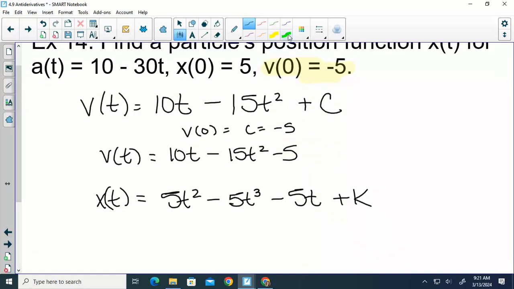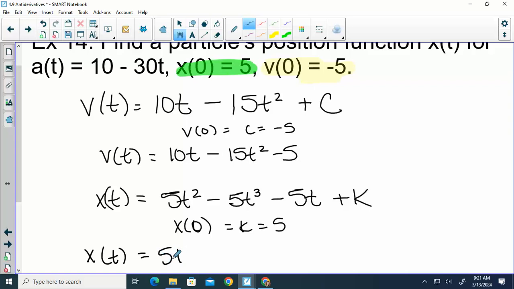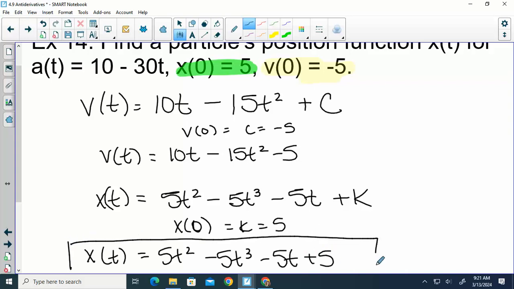We know that the beginning position was 5. So if you plug in 0 for all of your t's, your k is 5. So our original position function is 5t squared minus 5t cubed minus 5t plus 5. It's just a matter of doing the antiderivatives again.